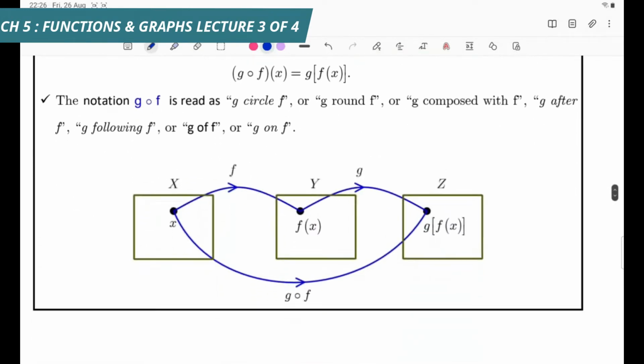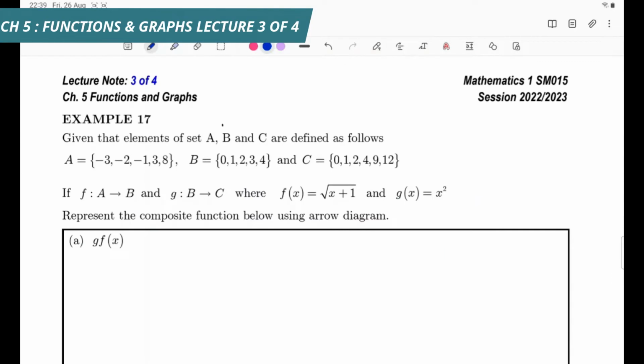Example 17. Given that elements of sets A, B and C are defined as follows.